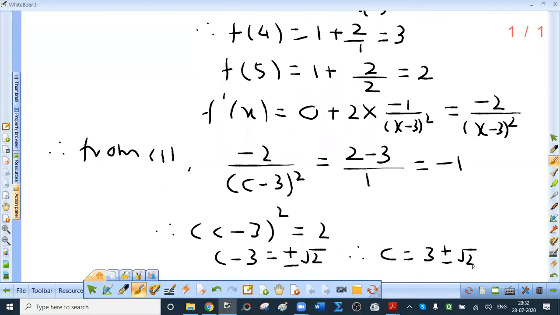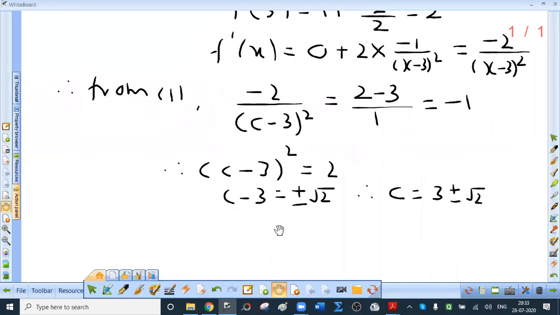What is the approximate value of root 2? 1.4 if we consider. Then 3 plus 1.4 is what? 4 point something, and 3 minus 1.4. Does it belong to the interval 4, 5? No, it does not. And therefore, I have to write c equal to 3 minus root 2 does not belong to open interval 4, 5.